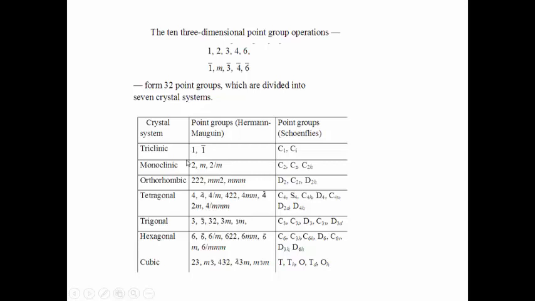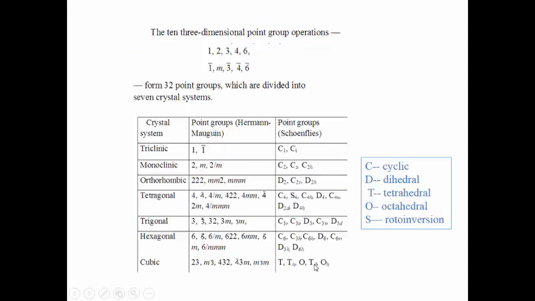The Hermann-Mauguin combines these various symbols to give you your point groups, and it tells you a lot about them in the combination. There's another system which is called the Schoenflies system, and that's indicated on the right here. Many chemists use it, people that deal in molecules but not in a crystal environment.